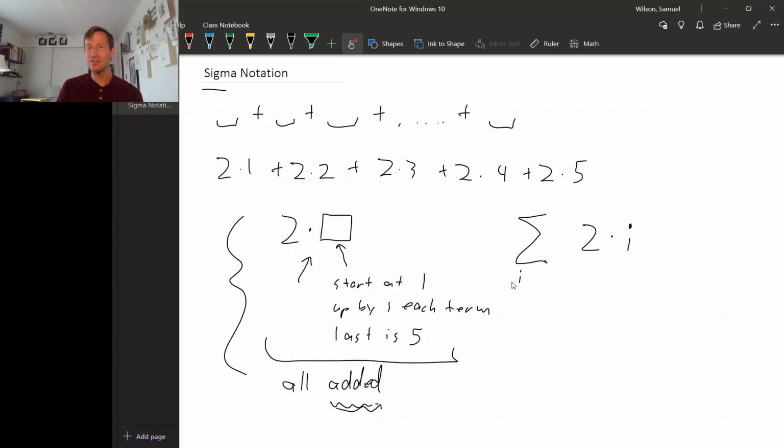To indicate that it starts at 1, we write i equals 1 down here. And to indicate that you go up until i gets to 5, we put a 5 up there. So this expression with the sigma is our abbreviation for this big sum.